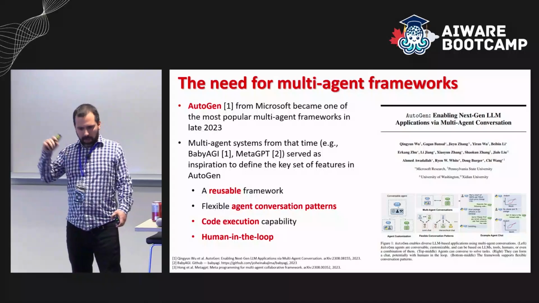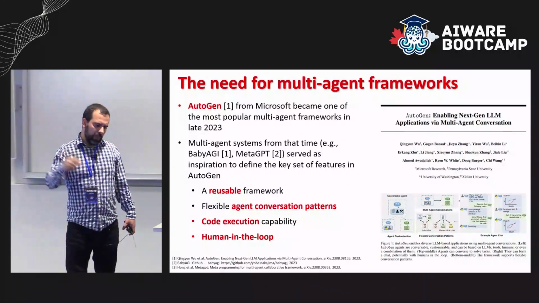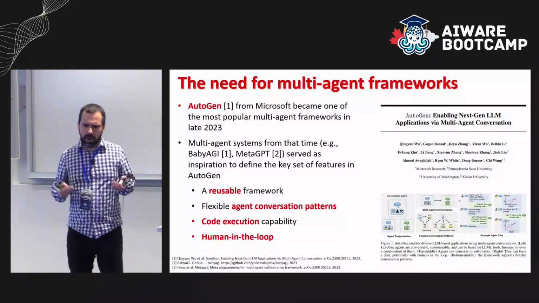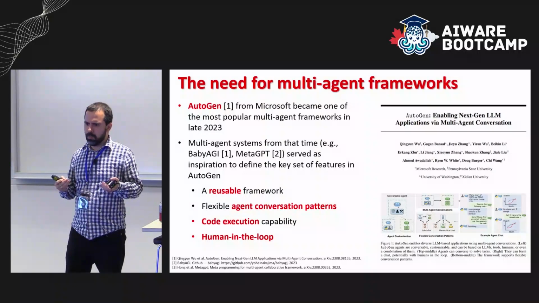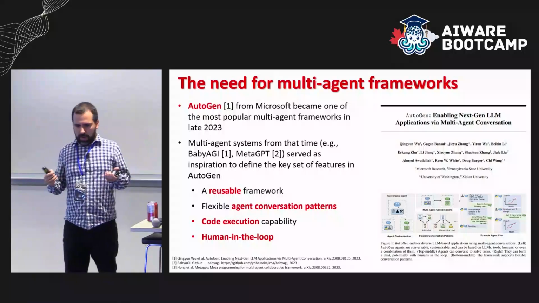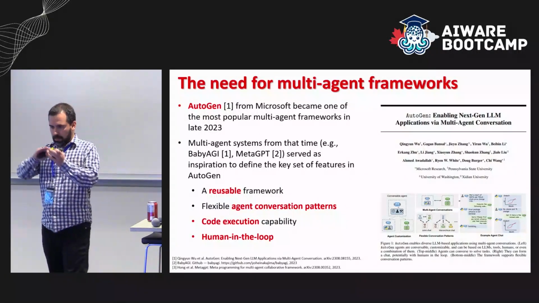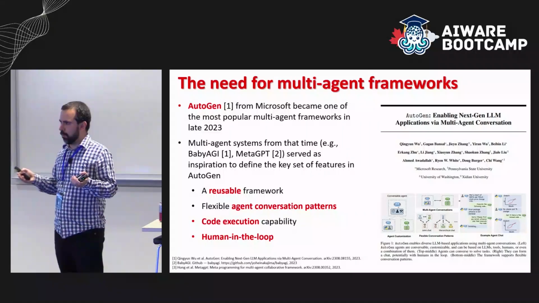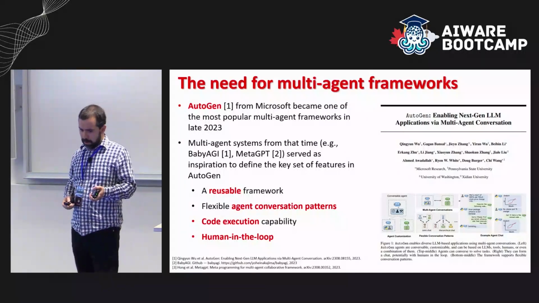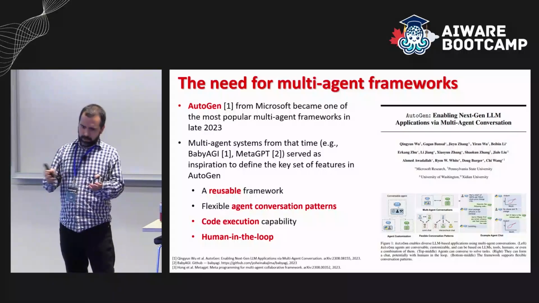Kehelia talked about Baby AGI and some other applications, but I think a lot of these applications gave inspiration to Autogen, and how it should be designed and what problems it should try to fix. So the key point of Autogen is that it's a reusable framework, and what they want is to support these conversation patterns, right? So Autogen is all about agents and conversations and conversation patterns, right? And we also want to have code execution capability and human in the loop to steer these agents in the right directions, right?